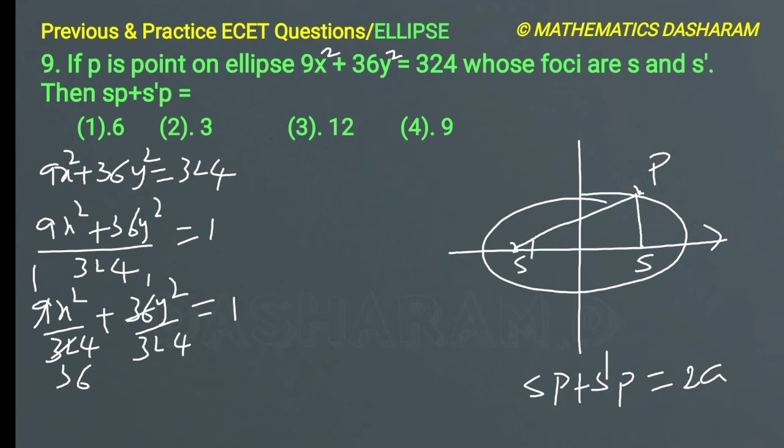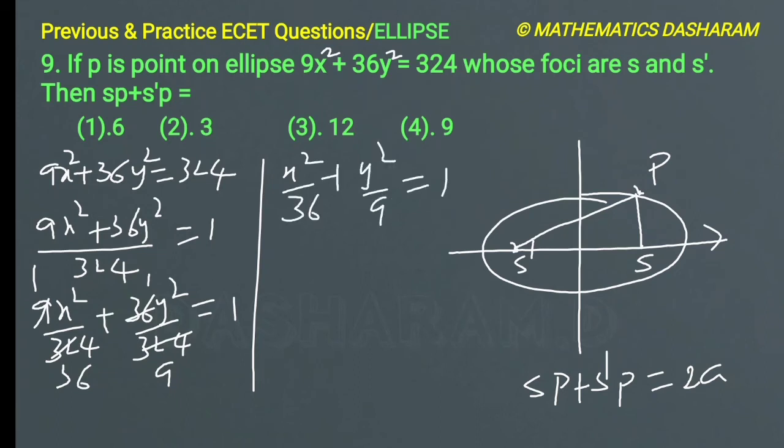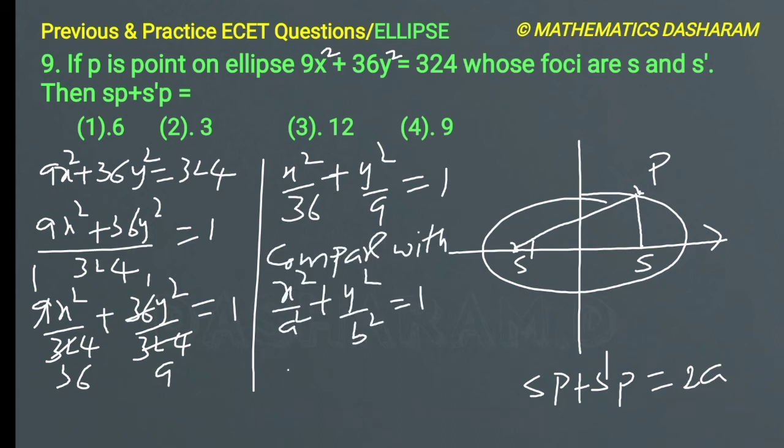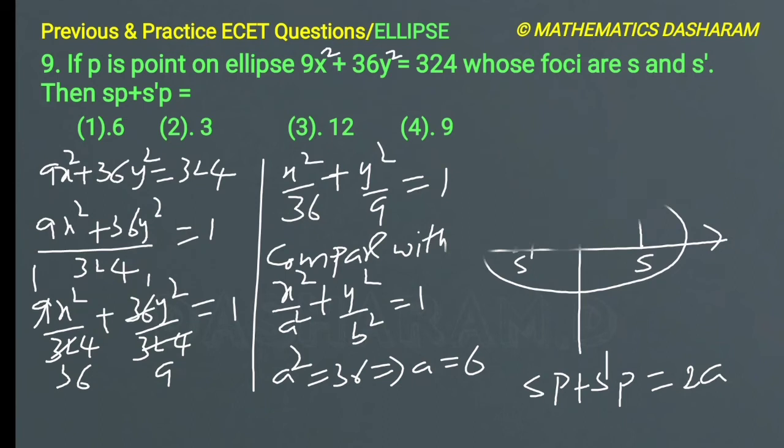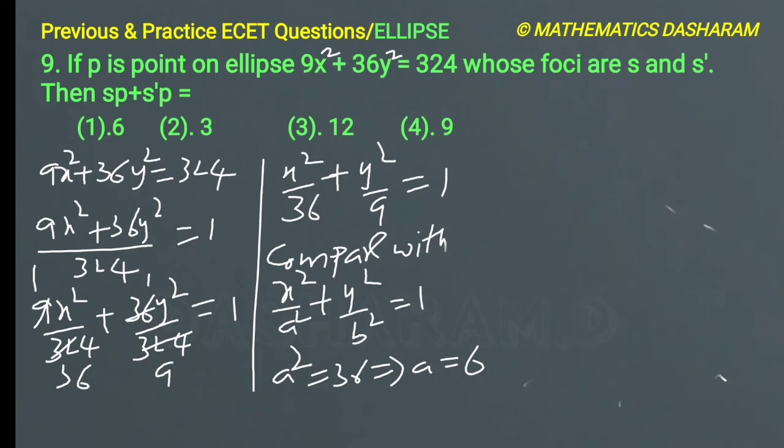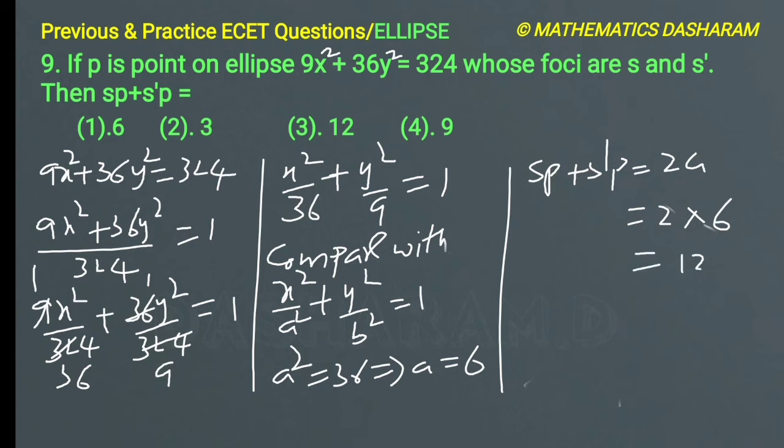Next 36 ones are 36, 36 nines are 324. So then x square by 36 plus y square by 9 equals 1. Now compare with the standard form. So then here a square equals 36, then a equals 6. So now let's find SP plus S dash P. The formula is 2a, 2 into a value 6, 2 sixes are 12.